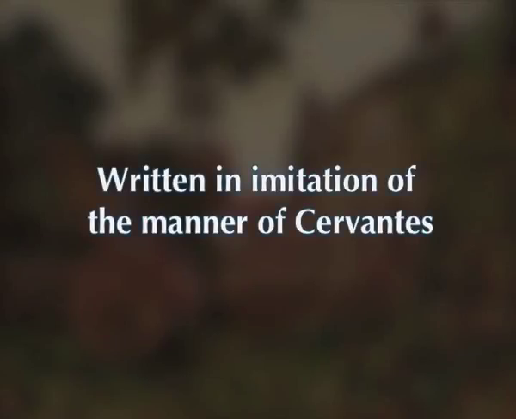Book 2 is a revelation, especially of Parson Adams and Fielding's assertion in the title page that the novel is written in imitation of the manner of Cervantes.